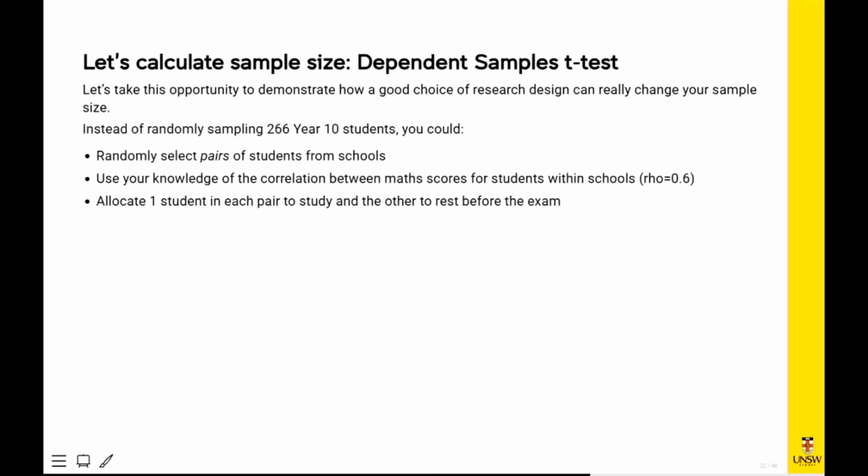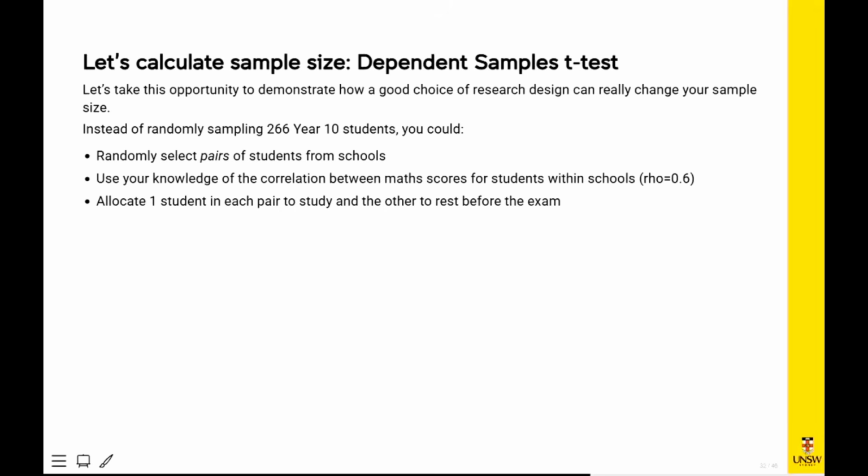So instead of randomly sampling 266 Year 10 students, we could randomly select pairs of students from schools and assign one of the students to study the night before and one of the students to rest the night before.